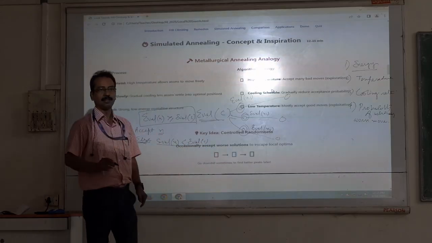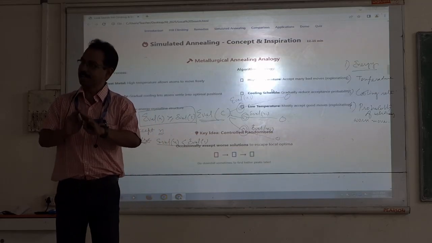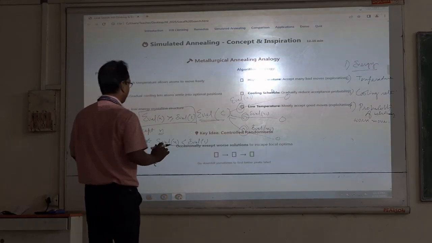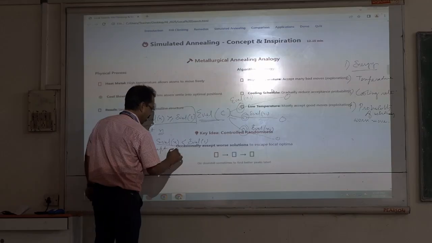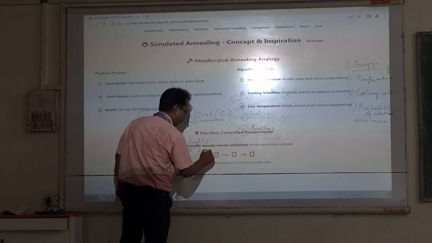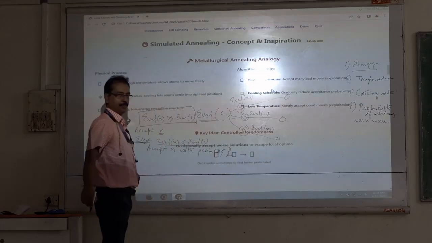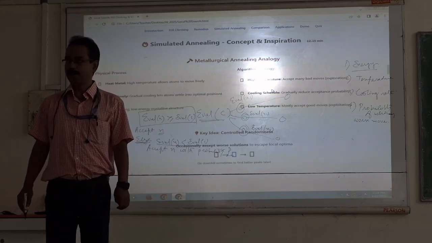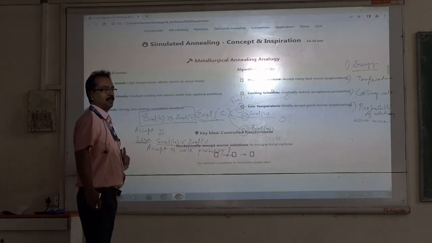Here is how it differs: in earlier cases we were directly rejecting it, but now we are accepting it, accept n with probability p. Got my point? This is actually the core of simulated annealing.